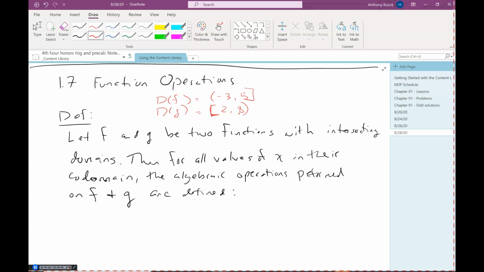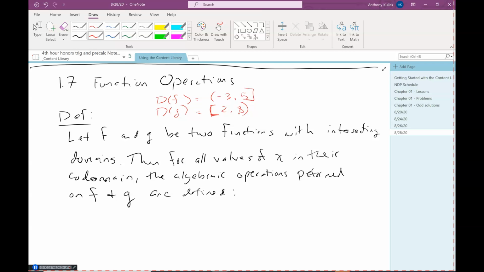Why is that important? What if they had no stuff in common? Could you combine them together? No, right? What would you get as an answer for any kind of operation you could do if they had nothing in common?